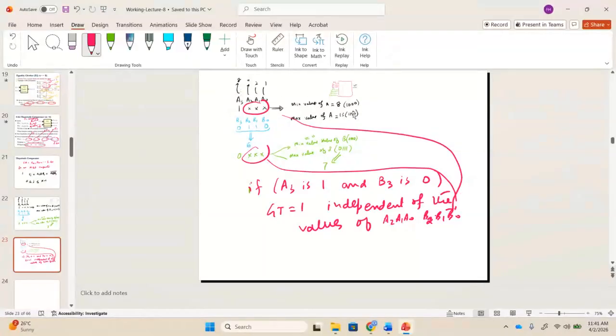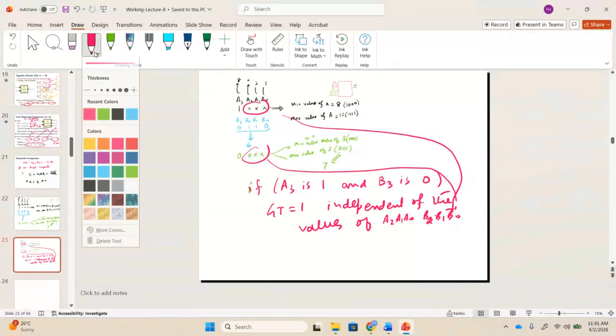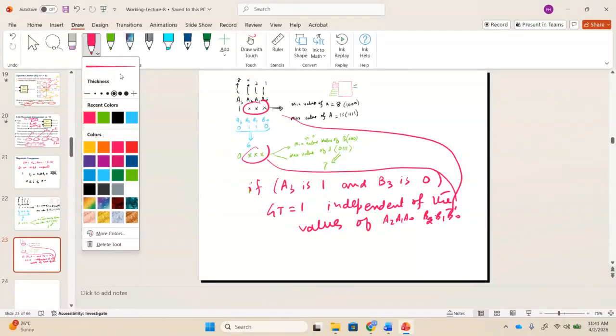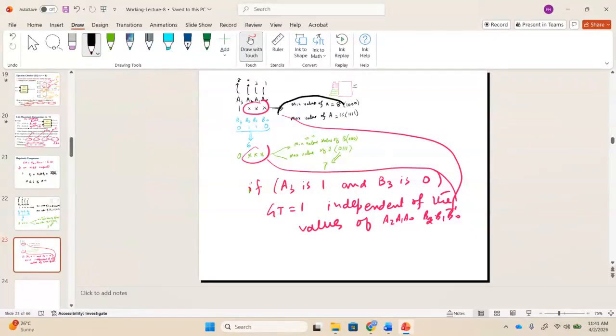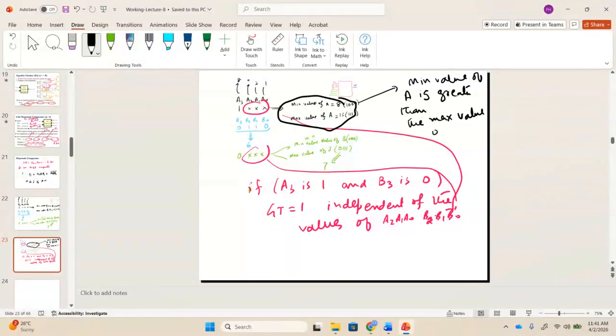I am giving this argument for the reason that the minimum value of A is greater than the maximum value of B. Any question?